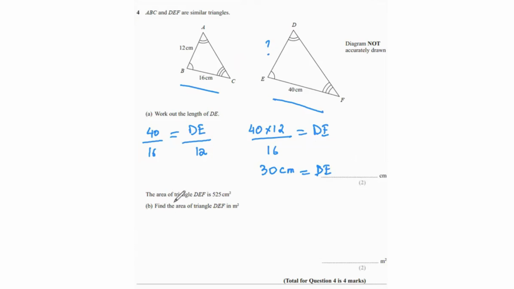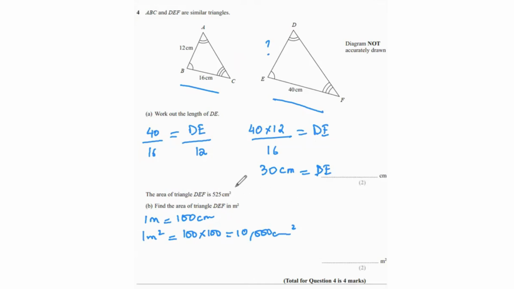Then it says the area of the triangle DEF is 525 centimeters square. Find the area of triangle DEF in meters square. So 1 meter is equal to 100 centimeters. 1 meter square is equal to 100 times 100, which is 10,000 centimeter squares.